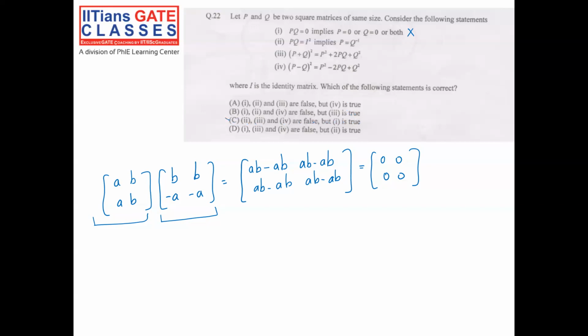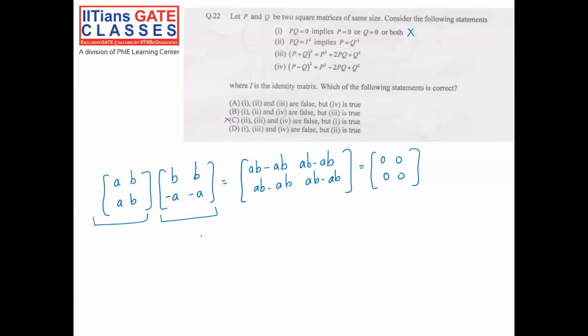Coming towards the second statement: PQ is equal to I square implies P is equal to Q inverse. Let's look into whether it's correct or not. I square means the square of the identity matrix, and the square of the identity matrix is again the identity matrix.